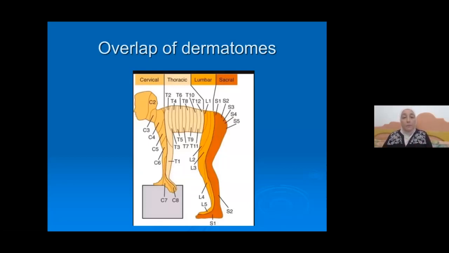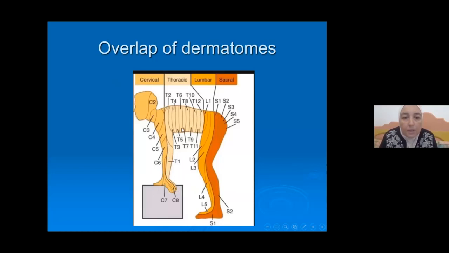As I said before, there is a profuse overlap of dermatomes, but the main supply of dermatomes is beautifully illustrated in this slide. I loved it because it's easy to recall, easy to remember, because it starts with C3 here, and we go down with all cervical roots.